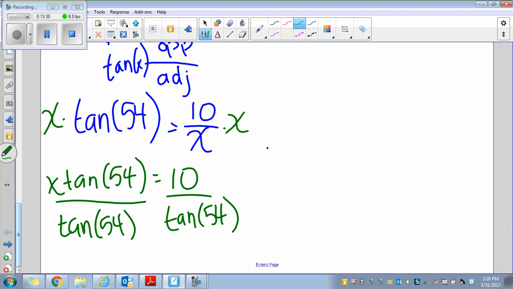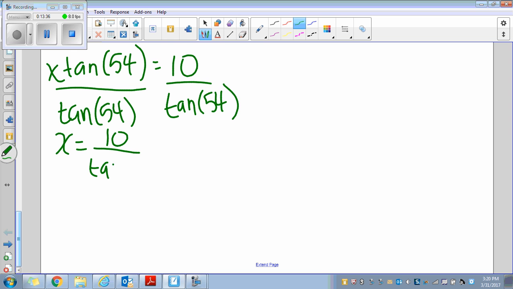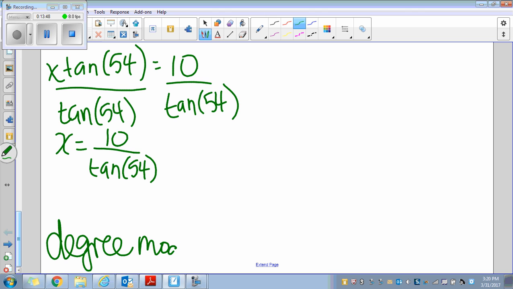And you're left with X equaling 10 over tangent 54. Remember to put your calculator in degree mode, or else it will not give you an accurate answer. So when I type that in, it is approximately 7.27.